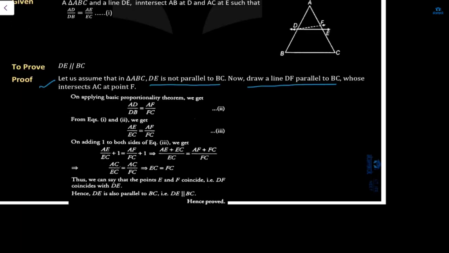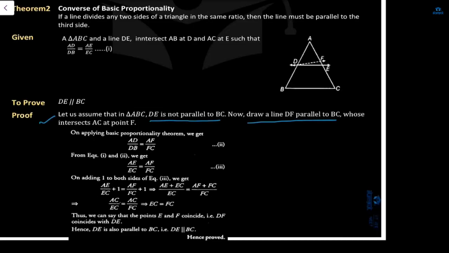Since the ratios are already given as the same, it is given that AD upon DB is equal to AE upon EC.